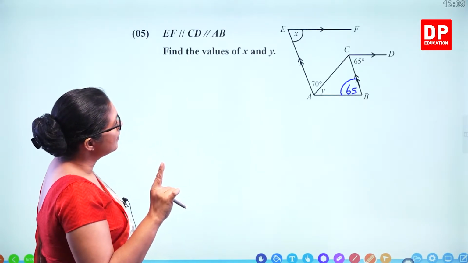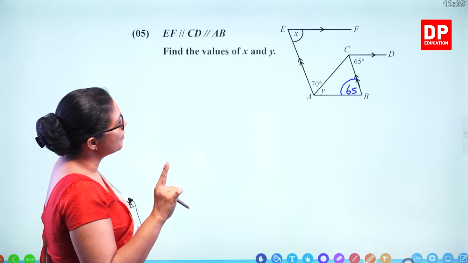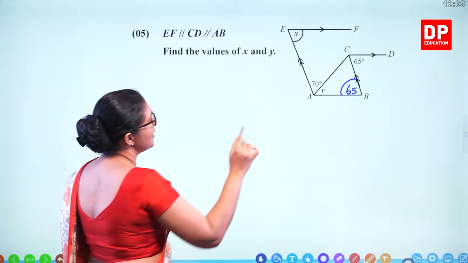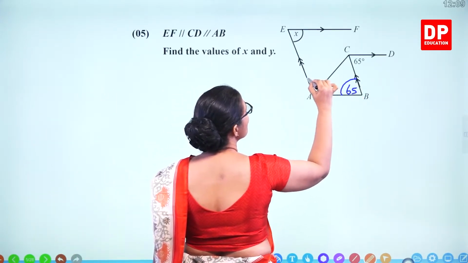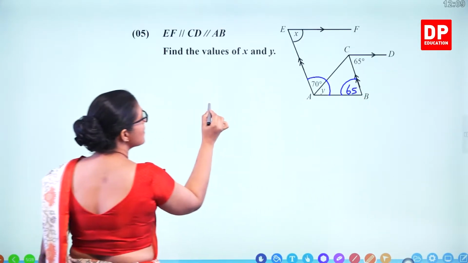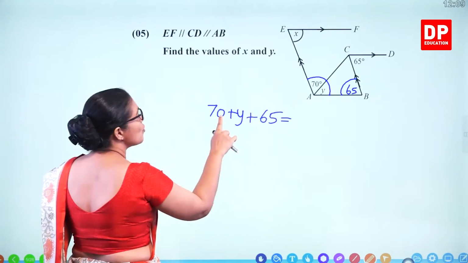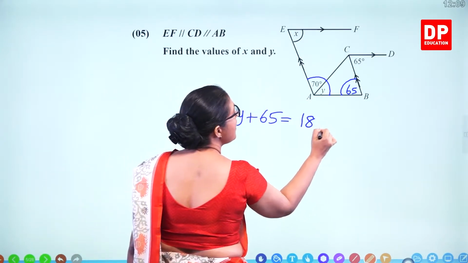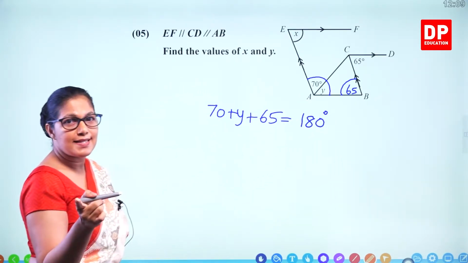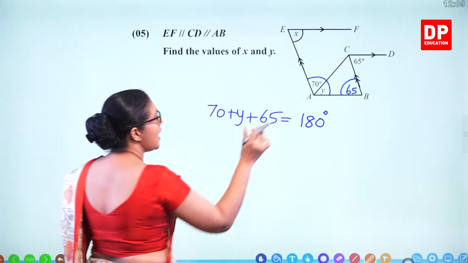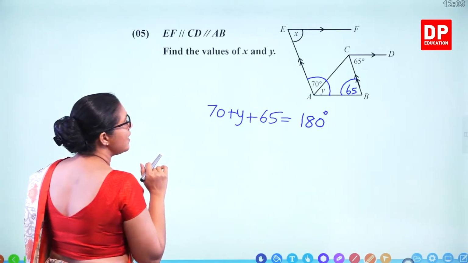Then what's the other one you can use? These two, can you see these two lines also parallel? This and this. So 70 plus y equals 65. So these two are equal to 180 because allied angles equal 180. Add up to 180.